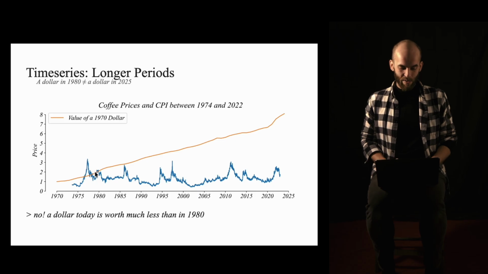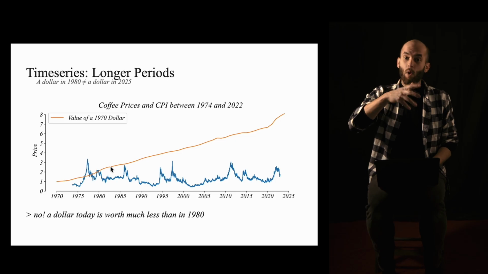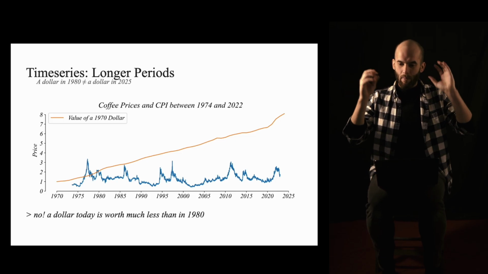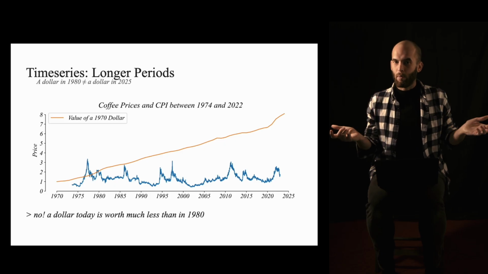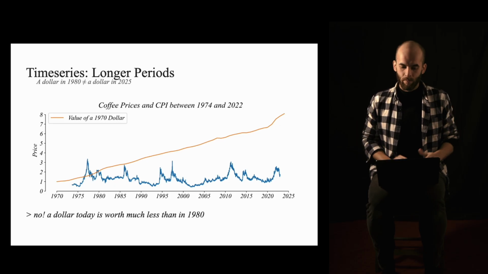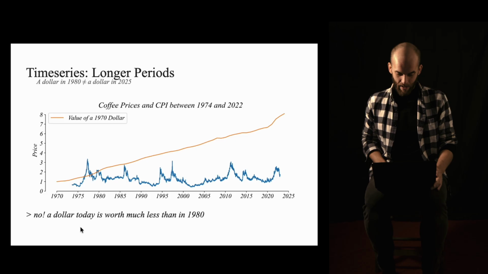As this goes up, it tells us that $1 in 1970 would be worth more today. So to buy the same thing $1 would buy you in 1970, we have to pay more dollars. And what's amazing to me is it's about $8 to buy something that would be worth $1 in 1970. Really pretty amazing.